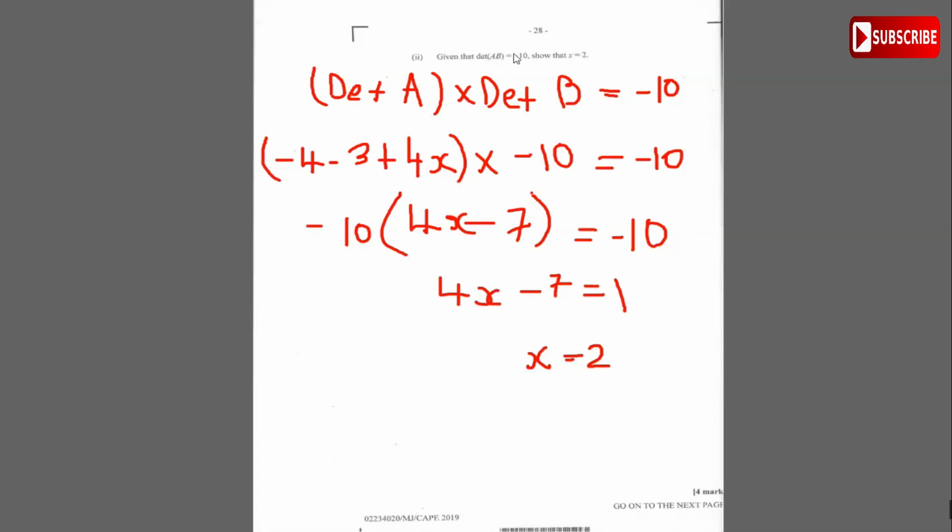Continuing. It says, hence obtain A inverse. It says hence, meaning given that you know this. Given that you know this, then what you do know is that if the determinant of B was negative 10, then we now know that the determinant of A is equal to 1.